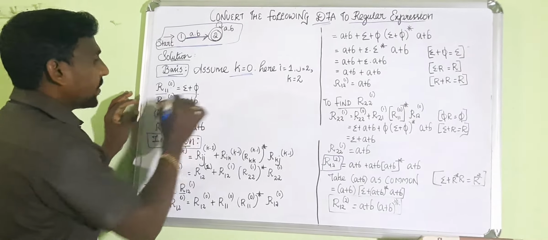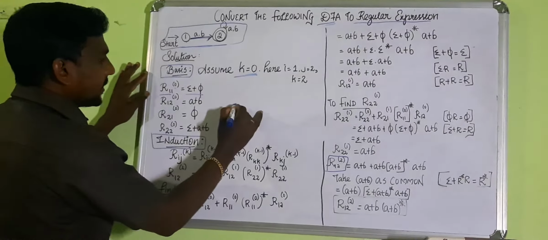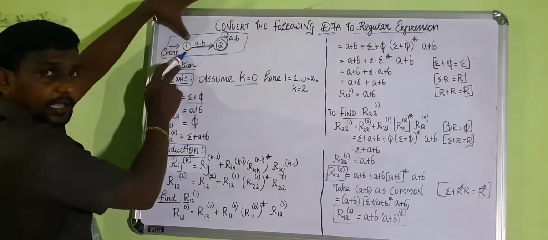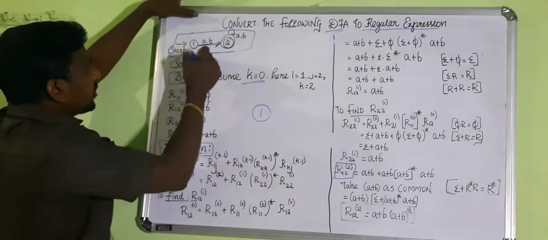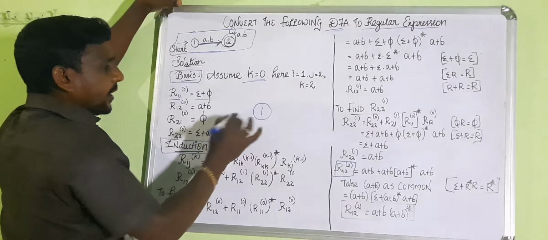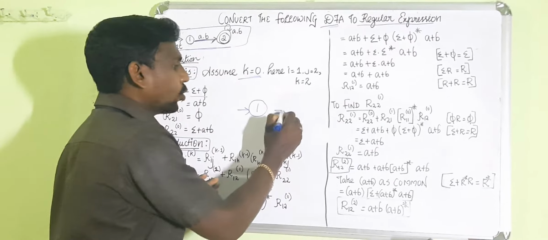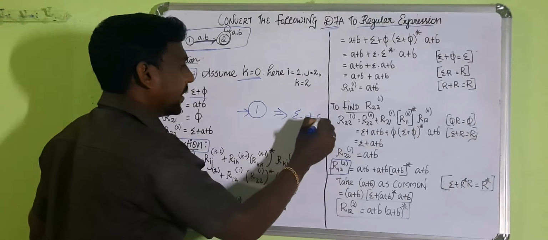So how does epsilon plus 0 come? Based on the theorem rule. See, the starting state is 1 and the accepting state is also 1. So in the diagram, the initial state to state 1, only this part comes, R11. If it is R11 like this, we have a rule: the regular expression is epsilon plus pi.